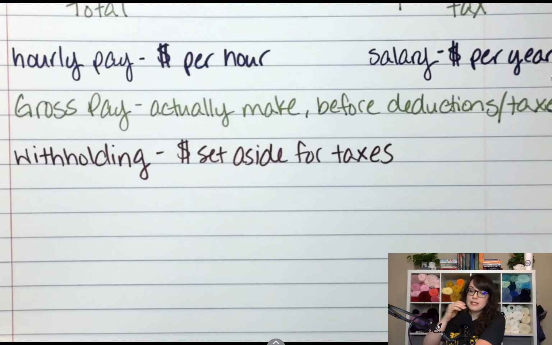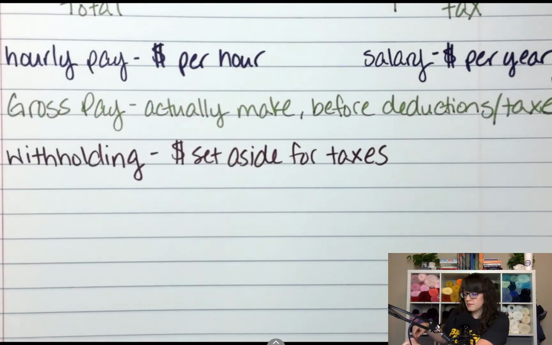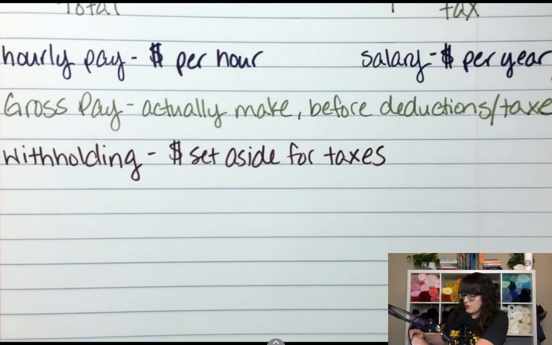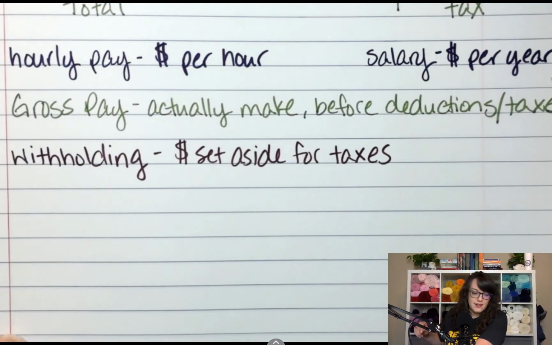So what happens is your business, where you work, they take all that money and they put it into an account, and then in April you pay your taxes. And if you set aside enough during the year, then you don't have to pay any more in April. If you didn't pay enough during the year, then you have to pay more in April, and that's because April 4th is tax day. Now, the other thing, so withholdings you have to pay. You have to pay your taxes. Please don't tell me stories about so-and-so who doesn't pay their taxes, because that's a big deal, and it's a crime.